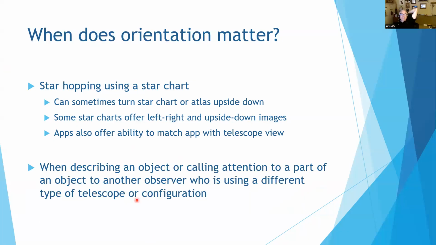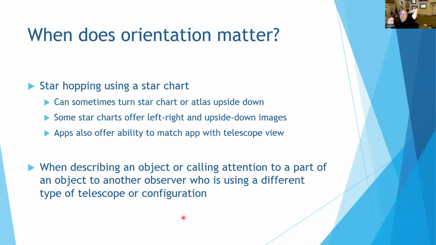And then finally, when describing an object or calling attention to part of an object to another observer who's using a different type of telescope or configuration. So if you're trying to describe to somebody else on the phone who's looking at a supernova or a nova or a deep sky object, and you tell that person to look to the southwest to see a new bright light in that object.